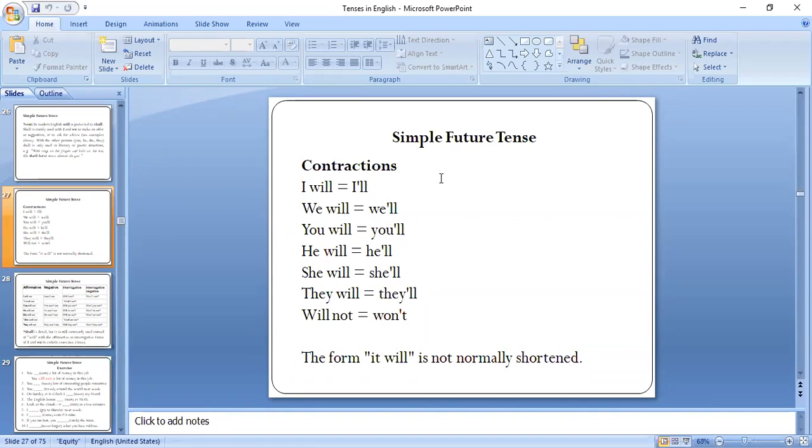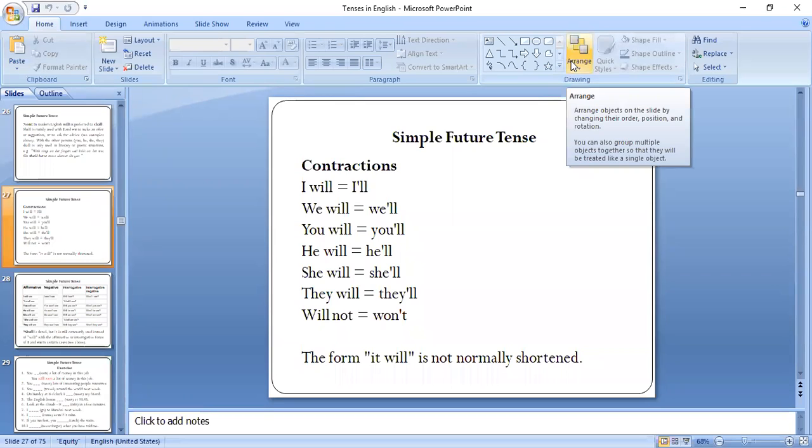I won't study for today. So will not becomes won't. And the form it will is not shortened; it is written as it is.